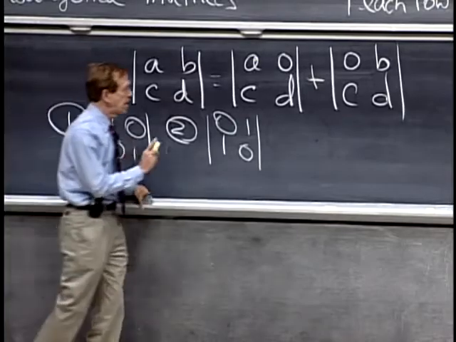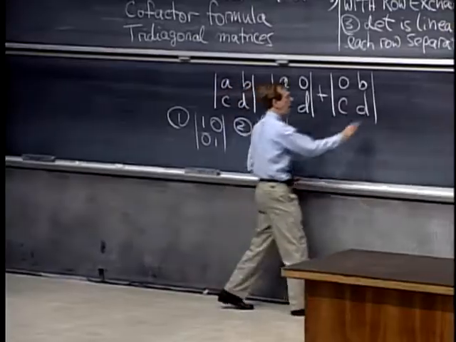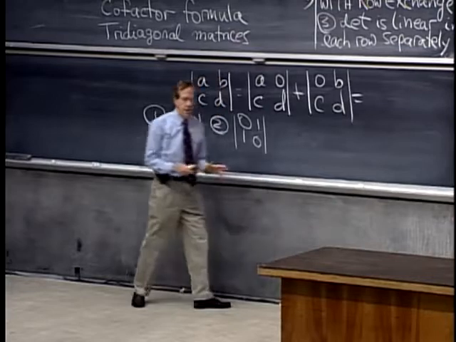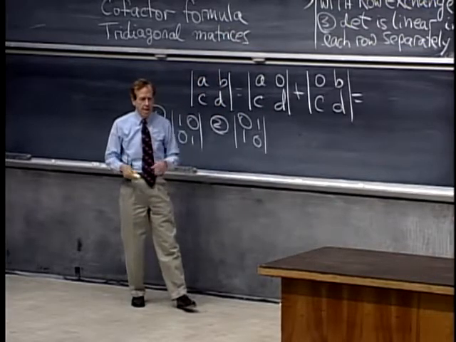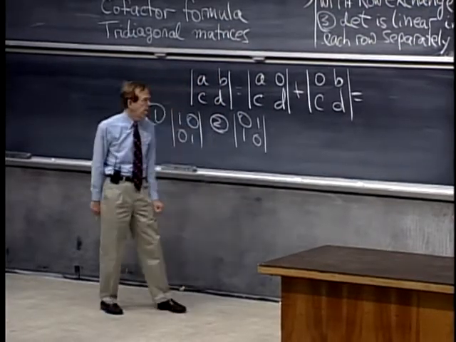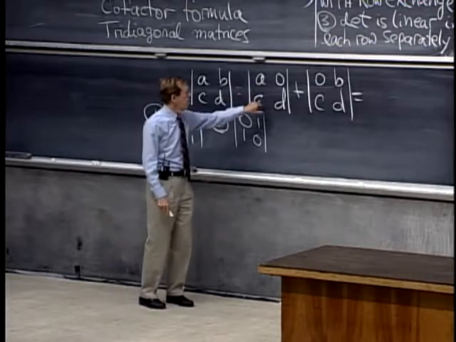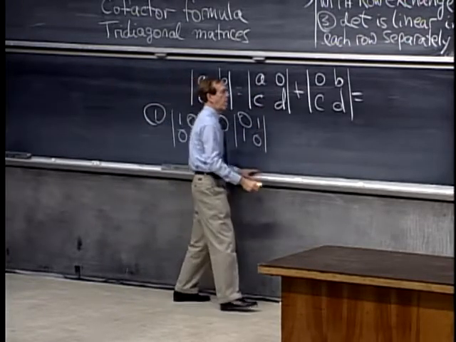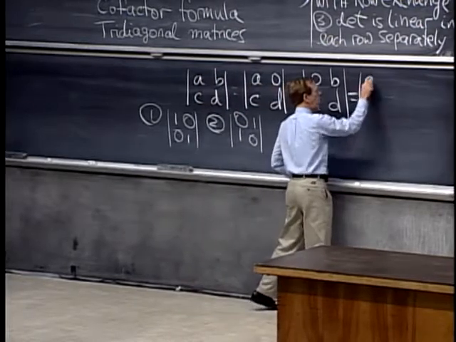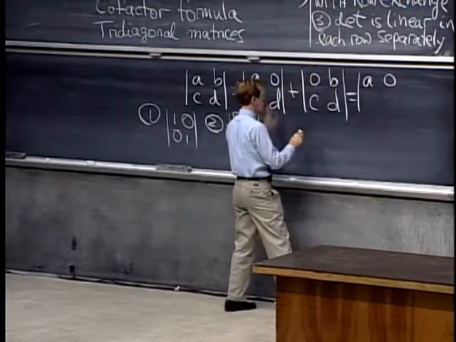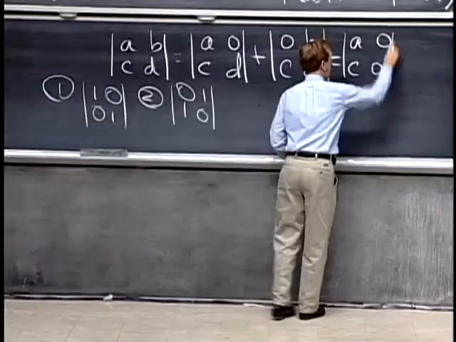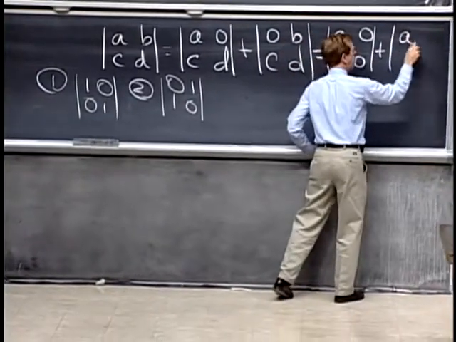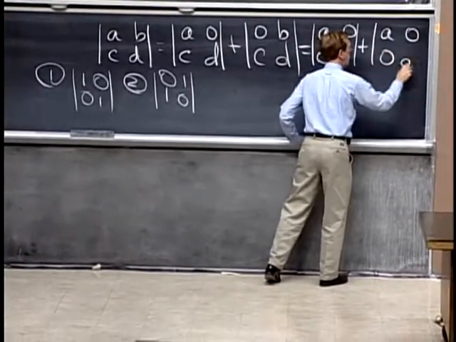Okay, but now you can guess what I'm going to do next. If I can make the matrices diagonal, then I'm clearly there. So I'll take this one. Now I'll keep the first row fixed and split the second row. So that'll be an (a, 0), and I'll split that into (c, 0) and, keeping that first row the same, (0, d).